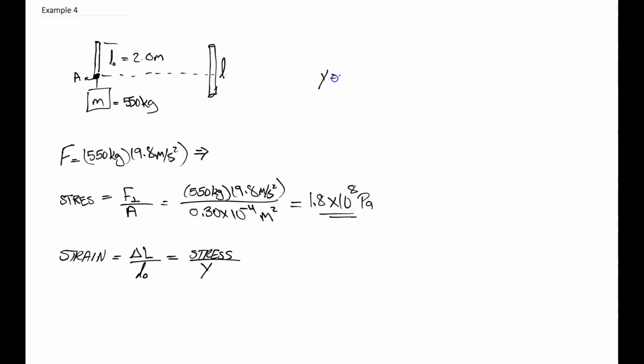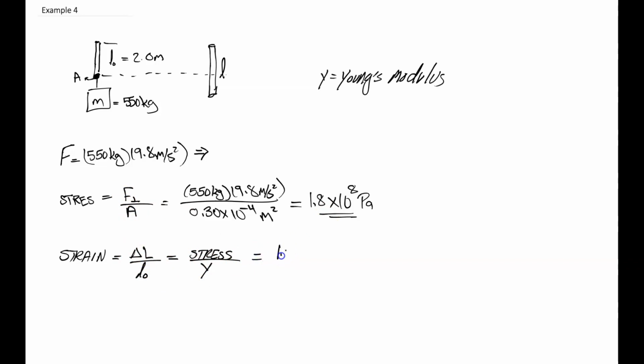So Y is known as the Young's modulus, a value that we would look up in a table, or we can be given that as well. And notice that the stress is F over A, so you can get some connections here that might be useful in future applications and examples.